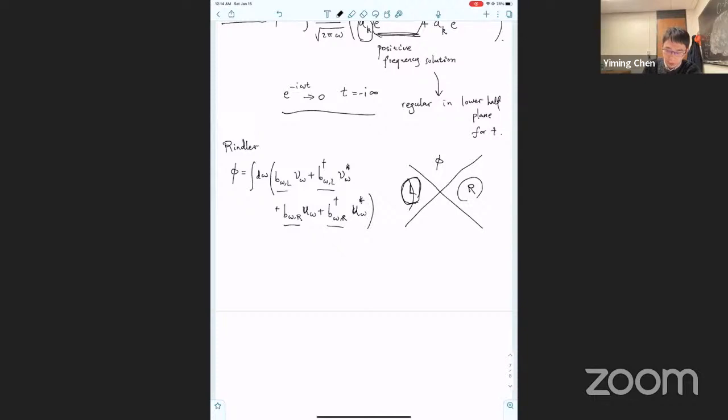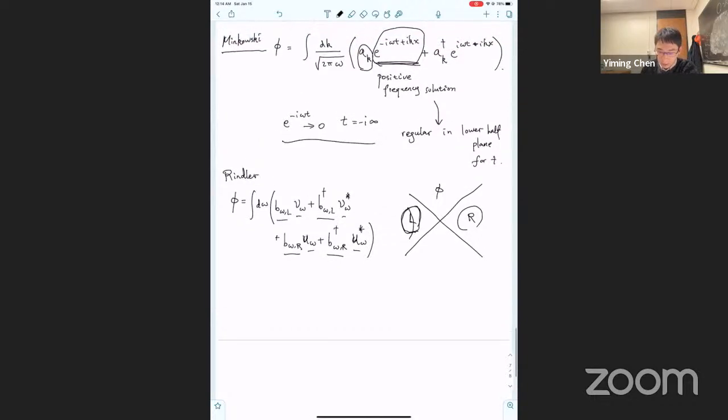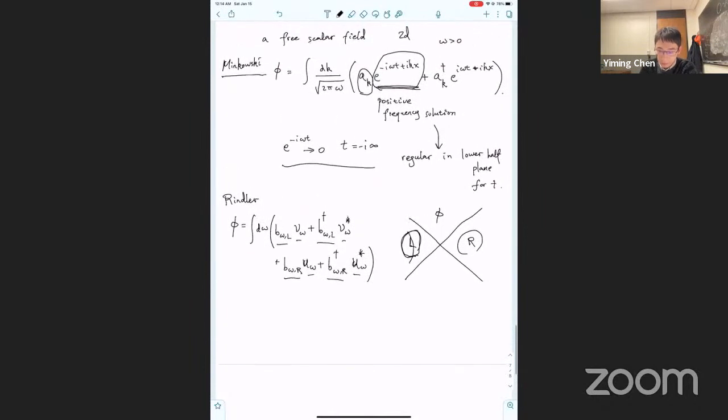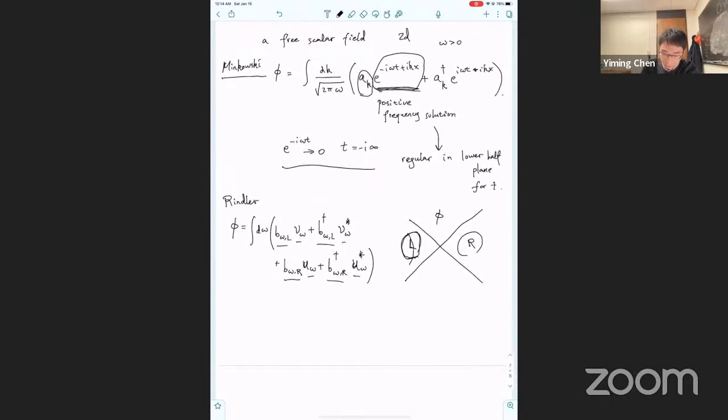And what are V and U? So the important thing is that just as what we did for the Minkowski case, the V should also be a positive frequency solution. But now it will not be a positive frequency solution with respect to the Minkowski time t anymore. It will be with respect to the Rindler time eta, okay?